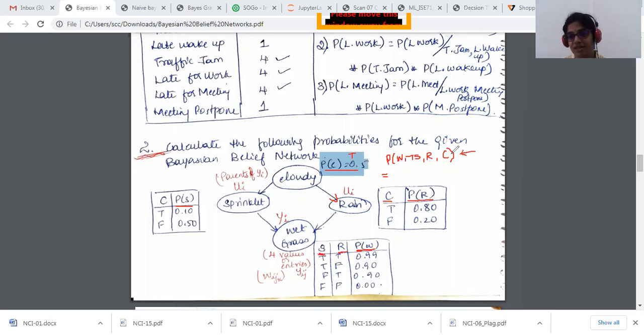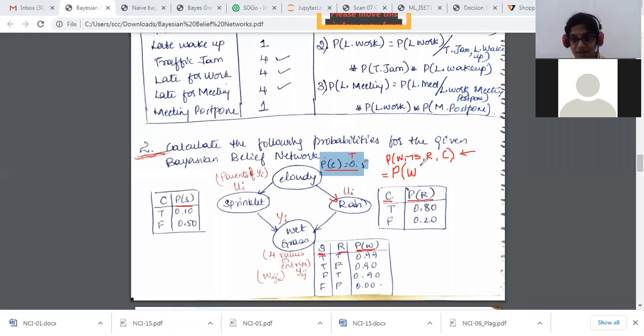Okay, I'll give you a hint. Probability of W, that is the wet grass. What will be the inference of the wet grass? Sprinkler and rain. Yes. So it's going to be W given not sprinkler, comma rain.